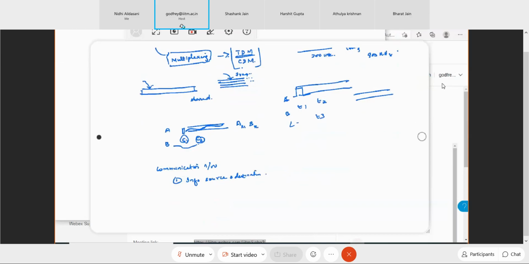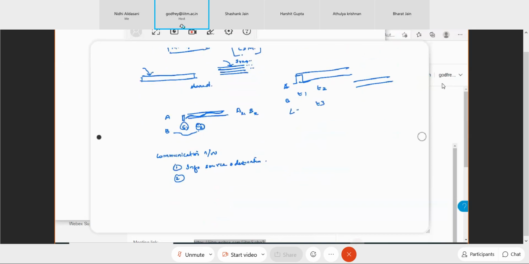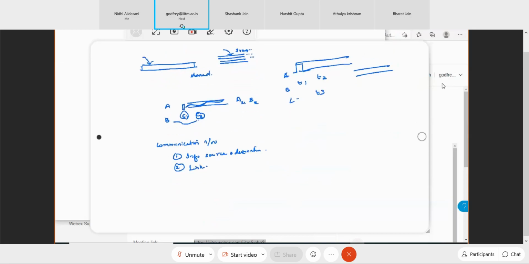Then you have links that are capable of transmitting. Then the third one is the switching node that exists in the network. And the fourth one is the addressing and signaling system. So these four elements together form some basic part of a communication network.